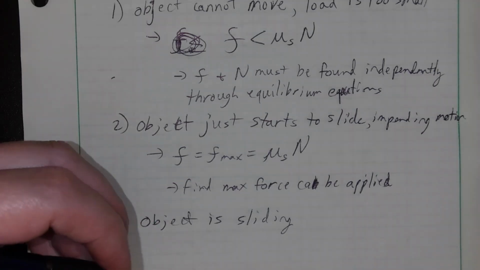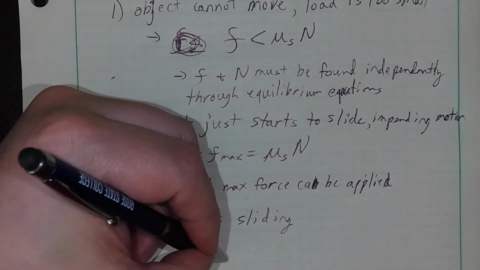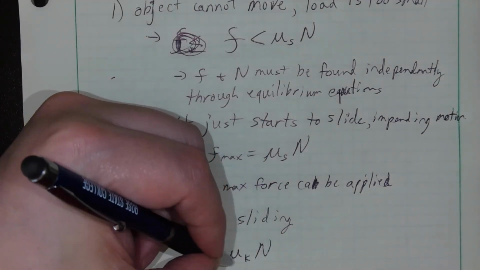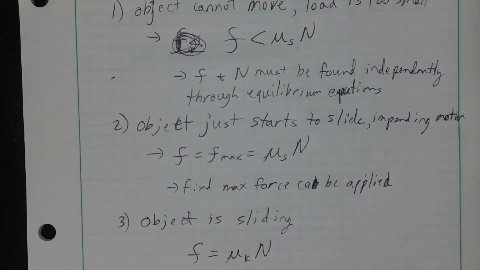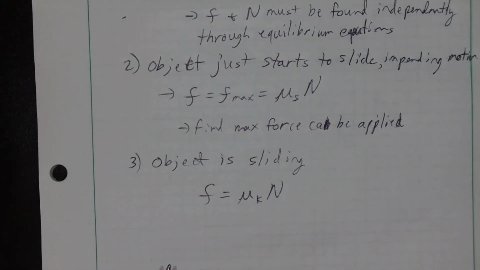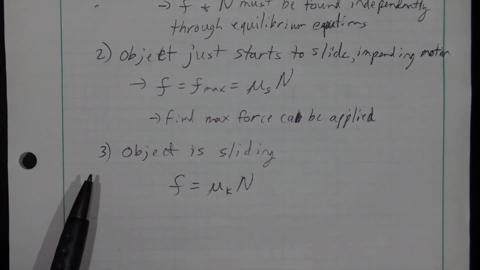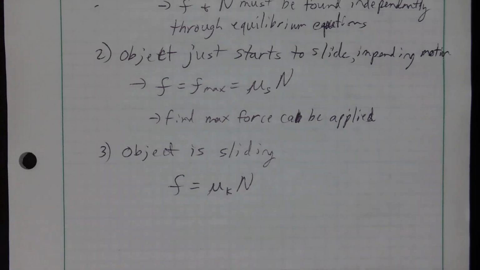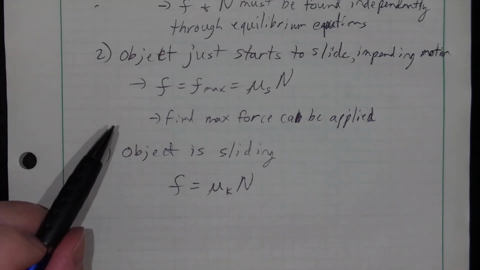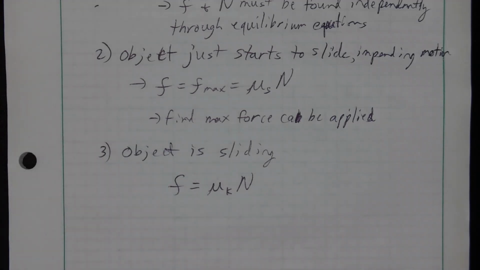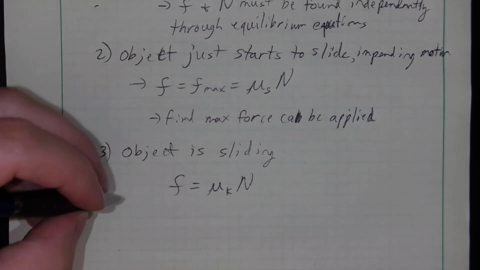Once it's sliding, now your friction is equal to mu sub k times N. I don't assign anything involving sliding once it's already moving. Normally I'm only focused on, hey, what is the amount of force right at the point it starts to slide, or what is the minimum amount of force required to stop it, or something like that. Here in this case, we're talking about, well, it's actually moving. Once it's moving, this becomes your friction force. It's a simple equal to.